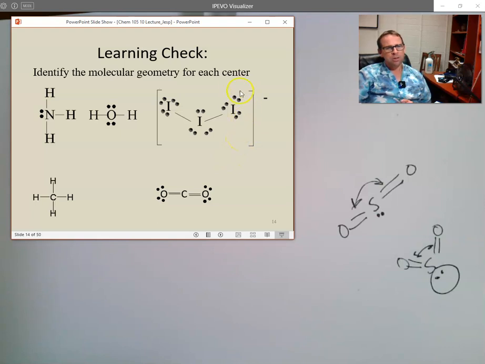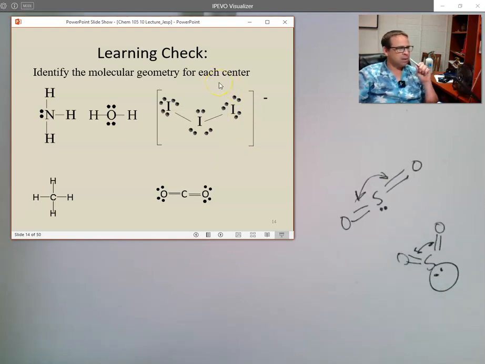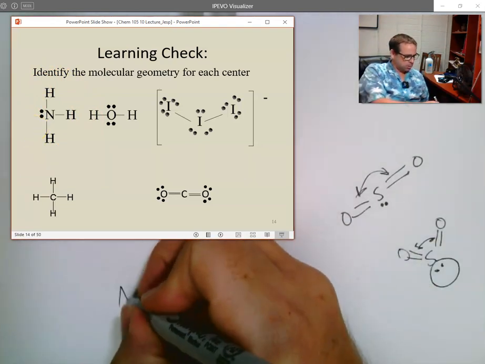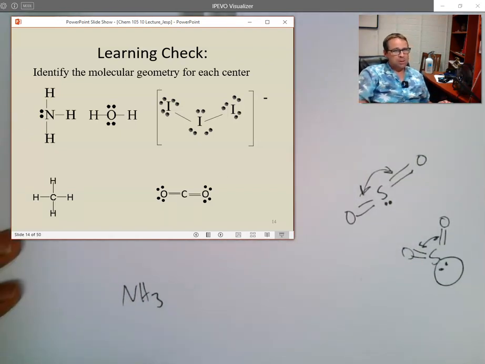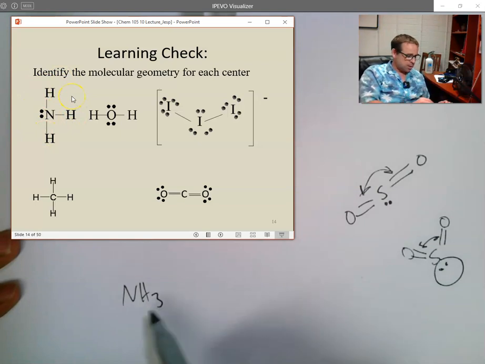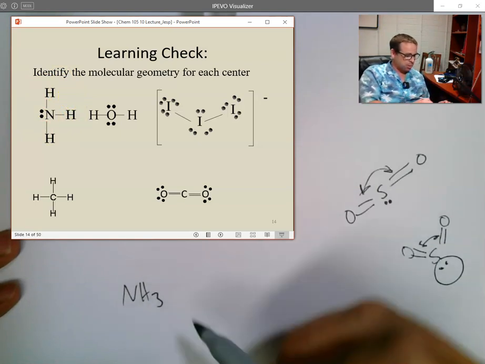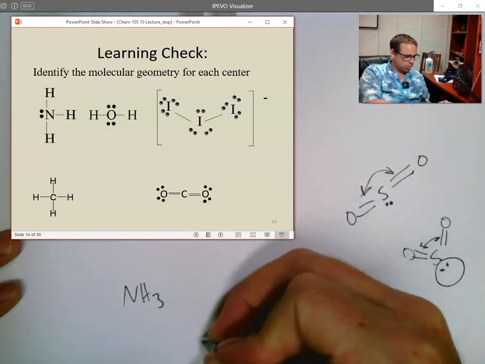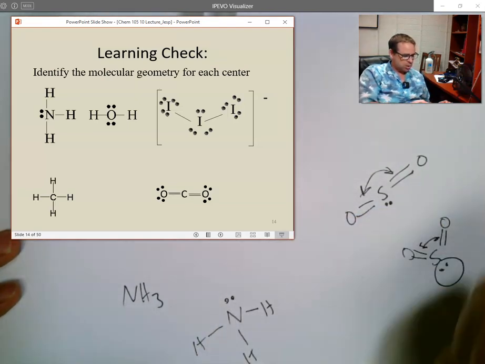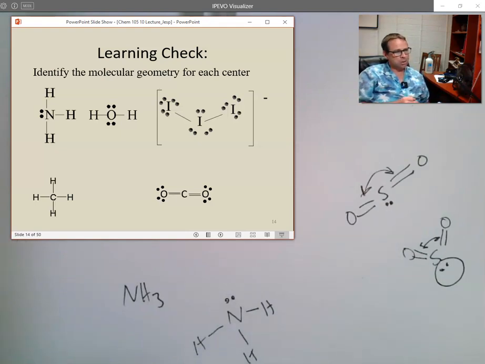So, here's a good one. Katie Thomas, what is the name of the shape of ammonia, NH3? What's the shape of an ammonia molecule? While you're thinking about that, Katie, here is the Lewis dot structure. If they just said, what's the shape of ammonia, NH3, it would be hard to know unless you drew the Lewis dot structure and saw that there were regions of lone pair electrons.